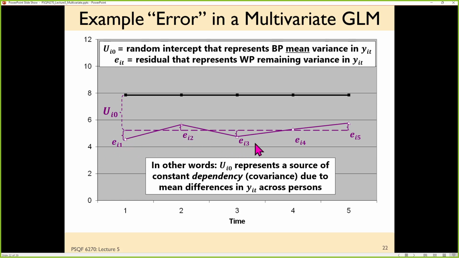What if I assume this person will respond stably each time, and I make the assumption that the variance of E will be 0? So we are assuming that the same U covers each person the whole time. So there's only one U per person, but there would be 5 E's per person.